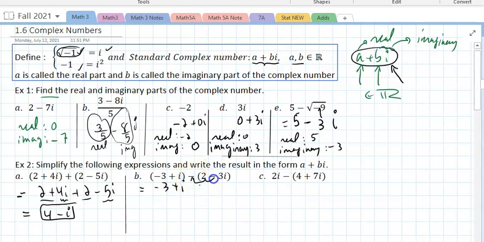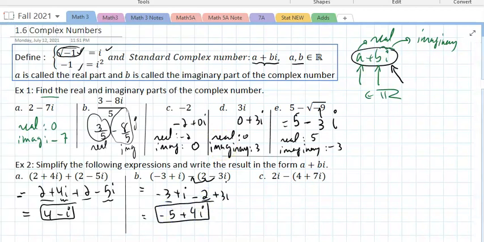The opposite of those will be -2 plus 3i and that would be a -5. So it's a good habit to get into writing the part without an i first and the part with an i after, even though it's not wrong not to, but just to keep the same format.